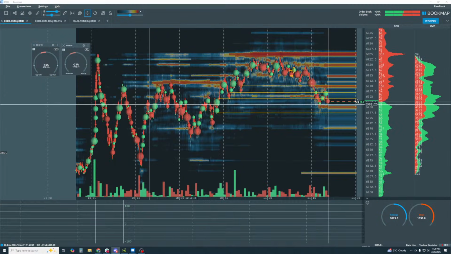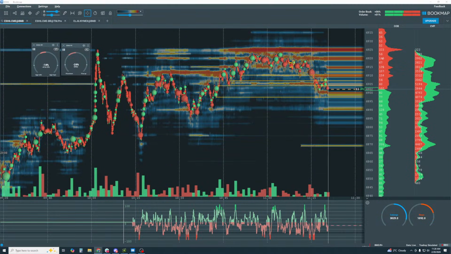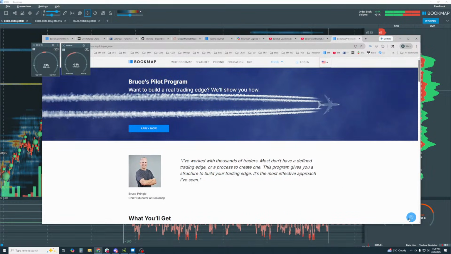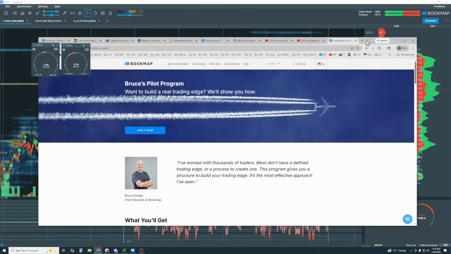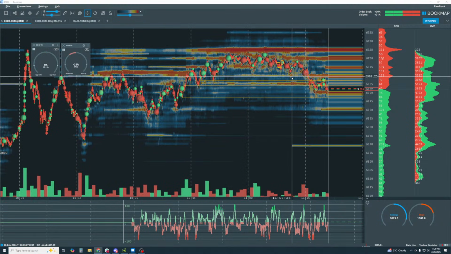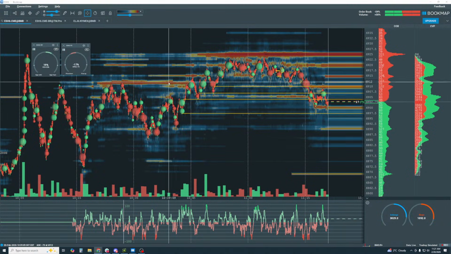Now, this is exactly what we're doing in this pilot program. We are starting with one trading strategy only. There's multiple elements in that strategy, so it's kind of complex, but you can break it down and start to understand the first thing.